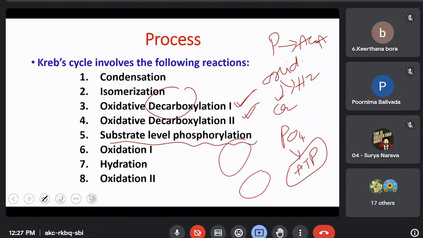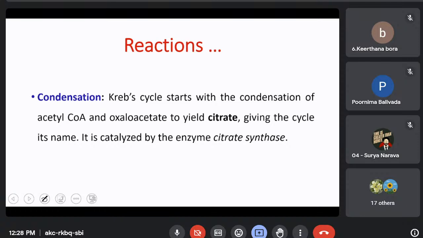That means it need not go through the electron transport chain. Here at the substrate level itself, ATP is produced. And another one is oxidation, that means where hydrogens are removed. Hydration, where water is said to be added. Oxidation, the same thing, another reaction where hydrogens are removed. So let us see one by one.